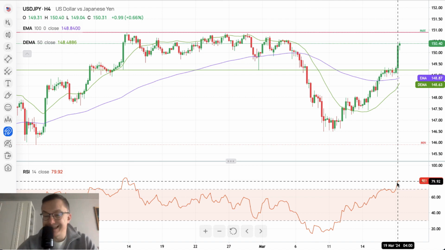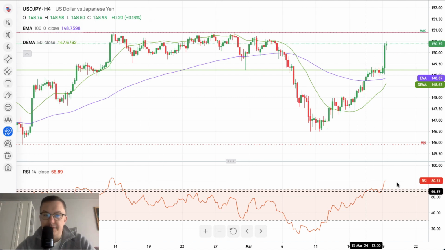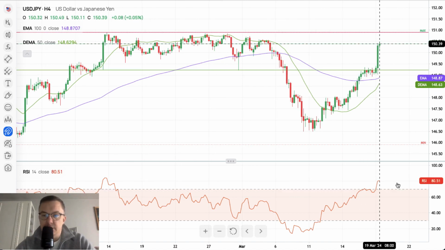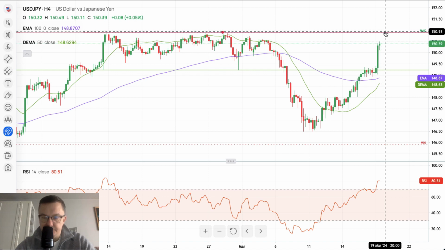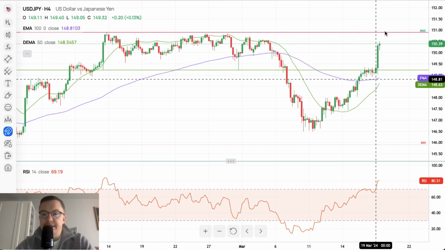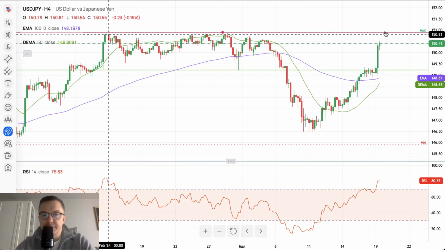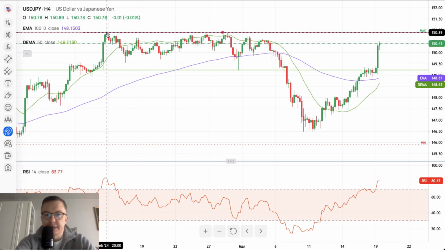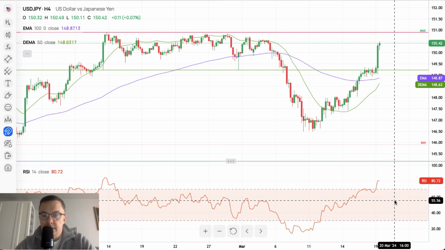The market conditions are extremely overbought, so we might see some sort of profit taking soon. But with that kind of momentum, there is a possibility of hitting the 150.89 as the result of the increased bullish activity before some sort of pullback will take place eventually, of course.